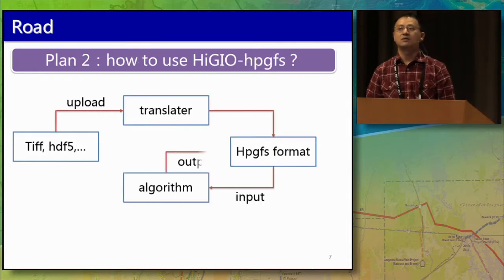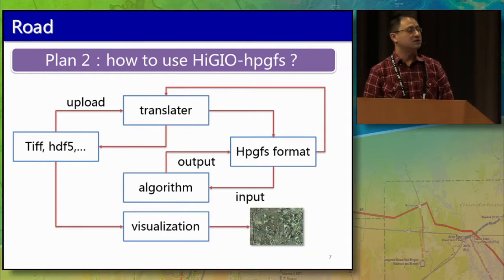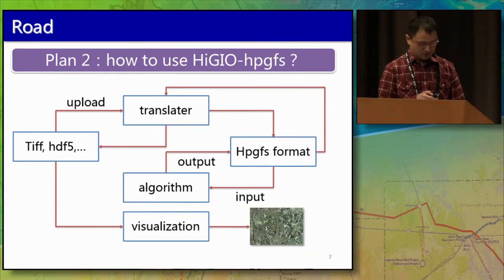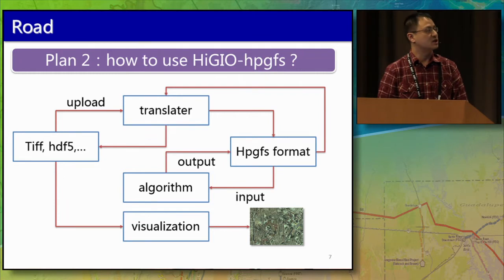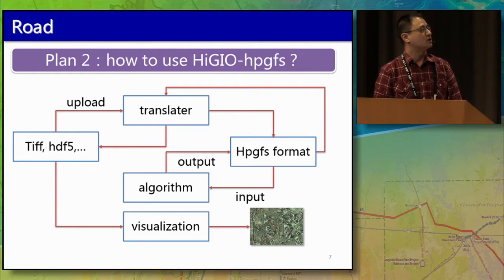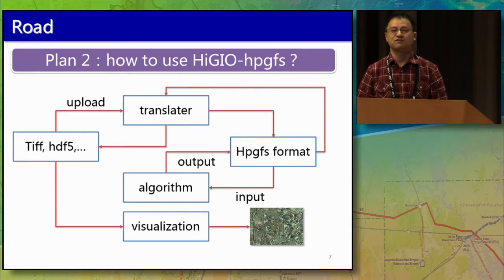So we implemented the HPGFS version. In this use mode, the algorithm must process data in the HPGFS format. So various geospatial raster data formats must be transformed to the HPGFS format.